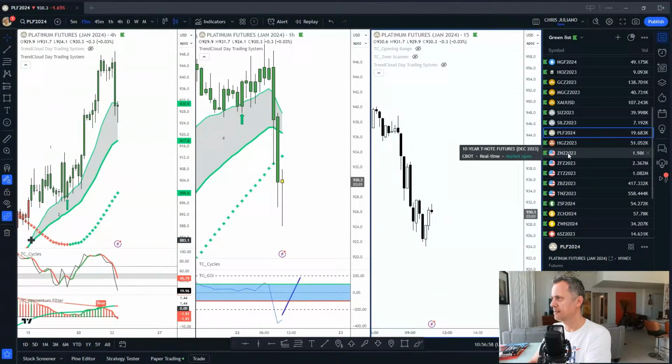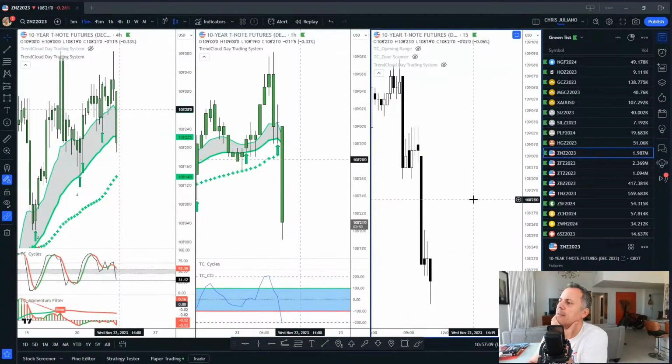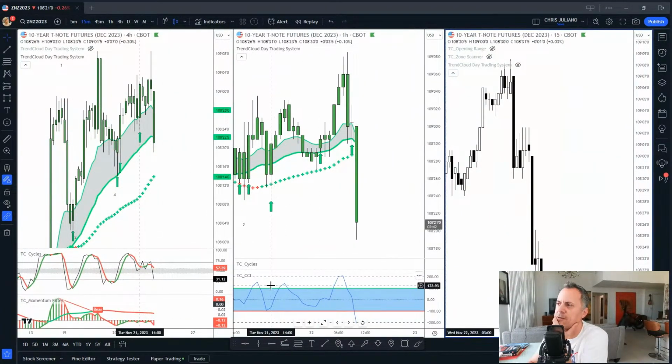You know what we didn't look at? We didn't look at the 10-year note. 10-year note, same thing, mixed signals, right? Uptrends with down momentum. Momentum is down, but the trends are all up.